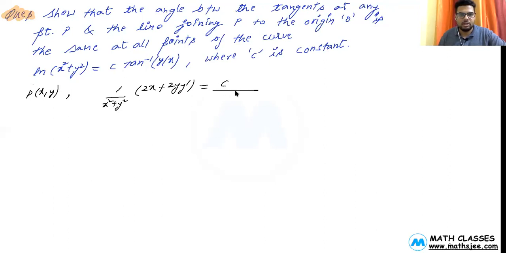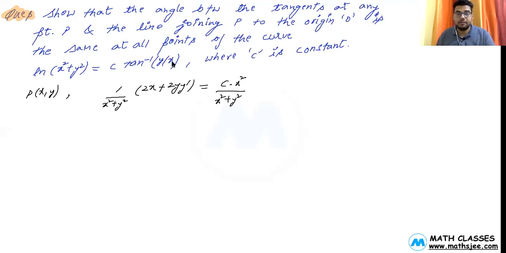So here it will be c into 1 by 1 plus (y by x) square, or I can write this down as x square plus y square, and x square in the numerator. So here we can write x square plus y square, c into x square.